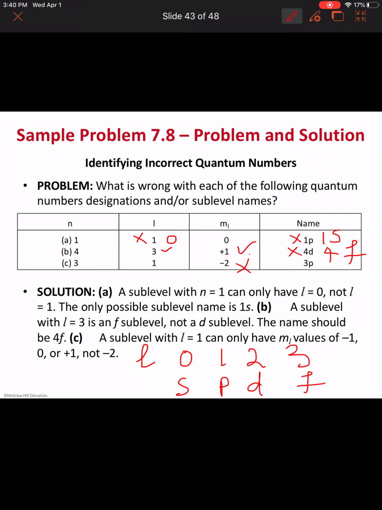So 3 is correct. Is P correct? L equals 1, so then the 3P is correct, right? So that's correct. So what's wrong in the C is you cannot have minus 2 as ML. Okay, so that's what's wrong in that one.